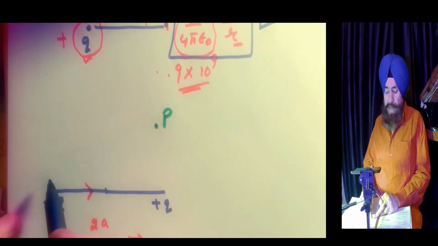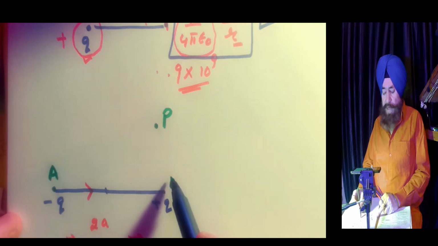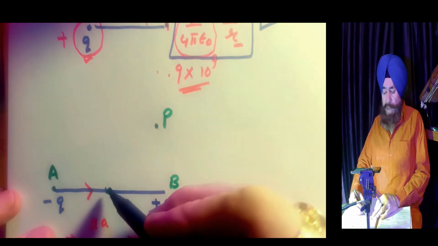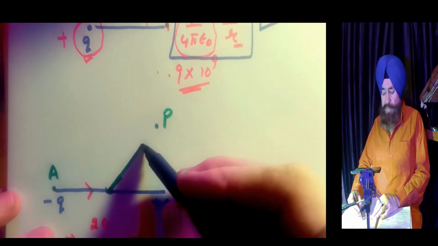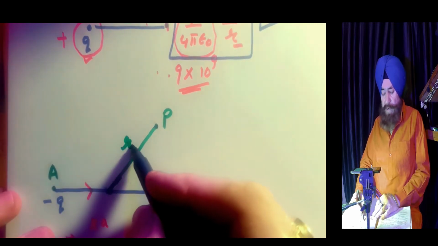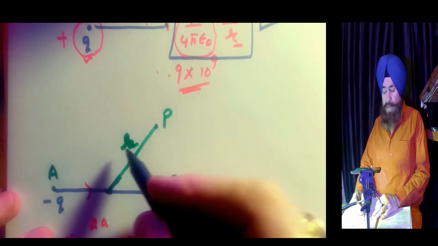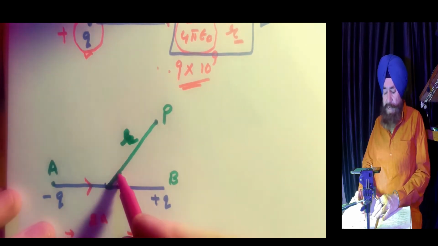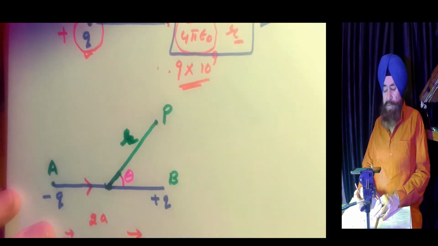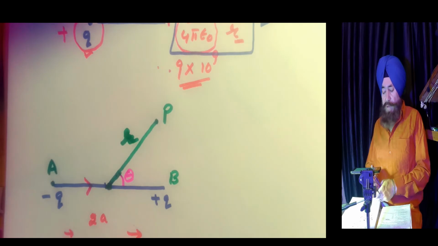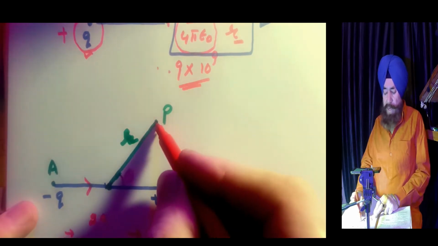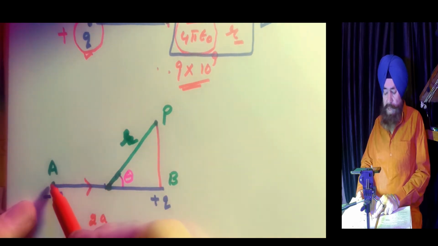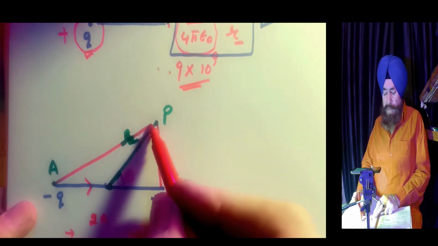Let me call this point A, this point B, this is the center, and from the center to point P the distance is R, or you say R vector, the position vector, and let this angle be theta. Now this is the line BP and this is the line AP.